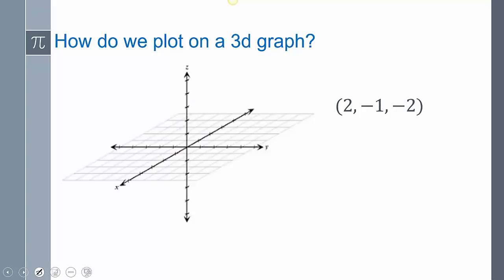2, -1, -2. So remember, x, y, z. My x-axis, it's going to go 2. My y-axis, it's going to go -1. And then my z-axis, it's going to go -2. So I have to imagine that this is projecting downward, and it is an estimate, right? That's underground, clearly.